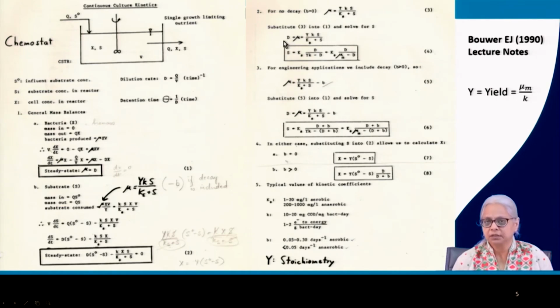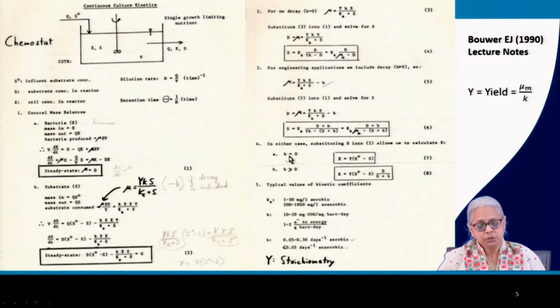So you get the equation for D and the equation for S without accounting for decay. If you want to account for decay, then this equation number 3 has to be modified. b stands for the decay term, that's the endogenous decay rate, and you can modify equations 1 and 2 similarly to get equation 6.